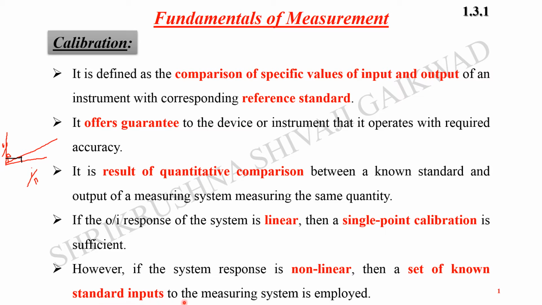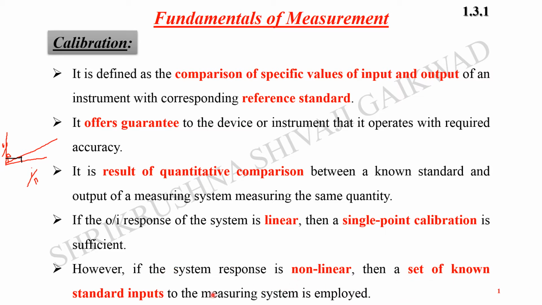But if there is a non-linearity between the input and output, if the system response is a non-linear one, then a set of known standard inputs is given to the measuring system.